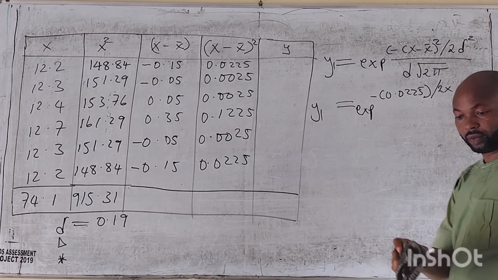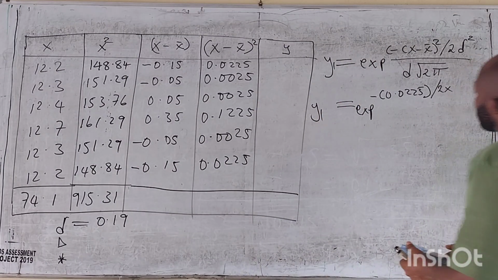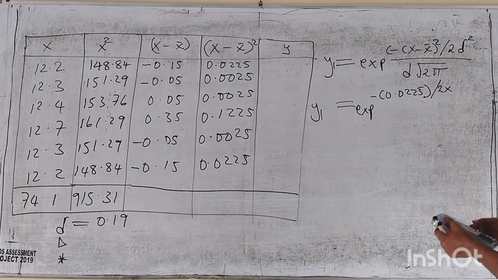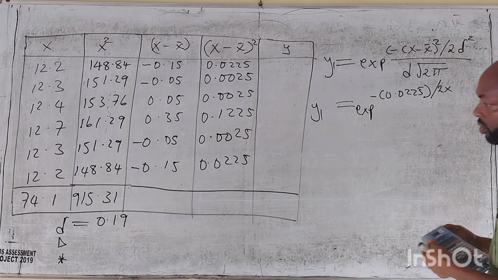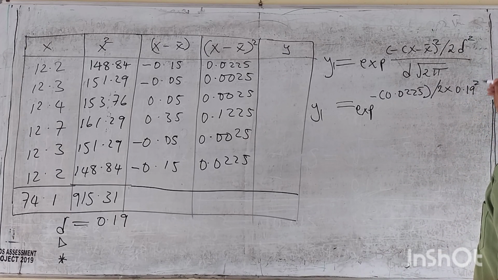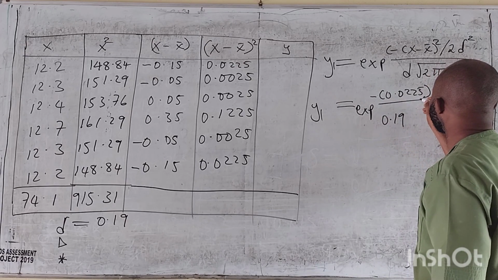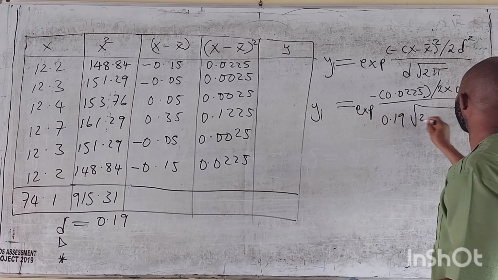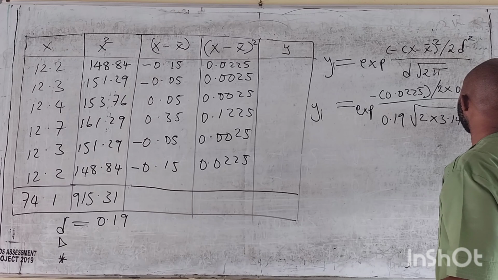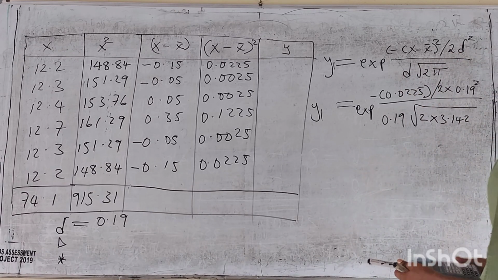I have 2 times D square, which is 0.19 square, all over 0.19, the root of 2 times 3.142. Okay, let us evaluate it as usual and put the variables down.